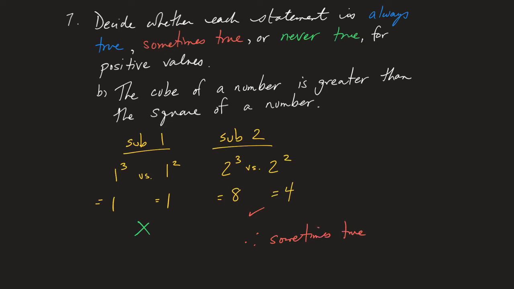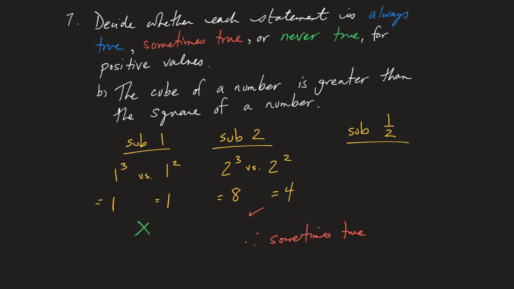Now, for interest's sake, I want you to notice that all we've been working with have been whole numbers because those are easier numbers to work with. I'm going to choose something a little bit different. We're going to choose 1/2. Notice 1/2 is a positive value. It's just a little bit of an uglier one. Or in this instance, I want you to think of it's a really small one.